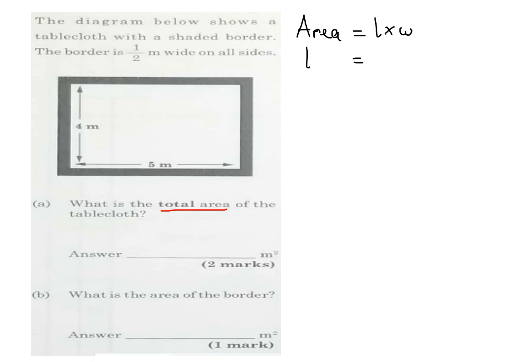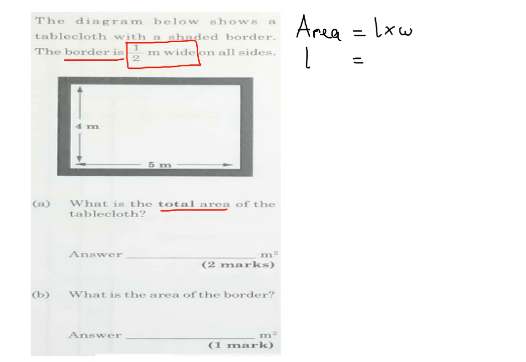They told us up here, and this is a key piece that we need to be able to determine the total length and width, right? The border is a ½ meter wide on all sides.